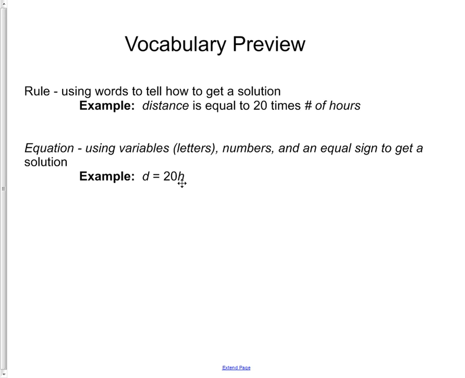And for number of hours, I chose H. So I can do D equals 20 times H. Whenever you see a number right next to a letter, that means multiply. Write that down. Whenever you see a number next to a letter, that means multiply.